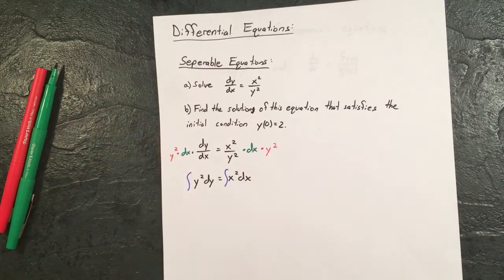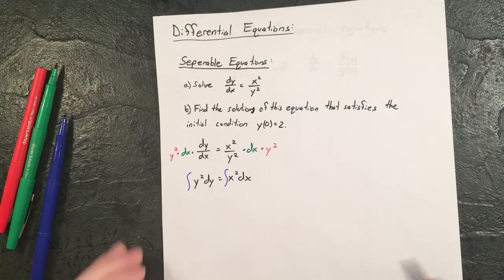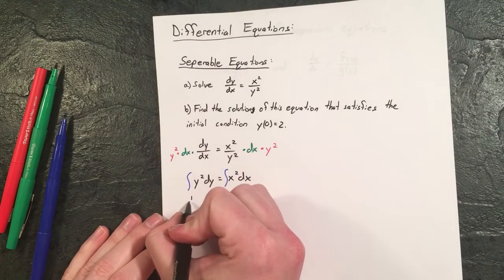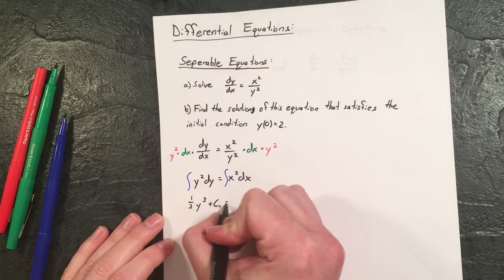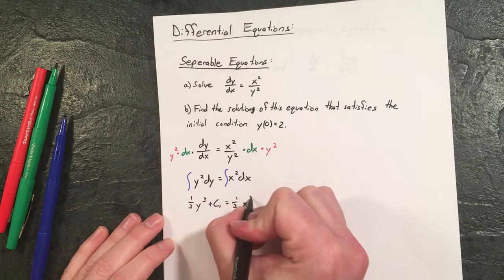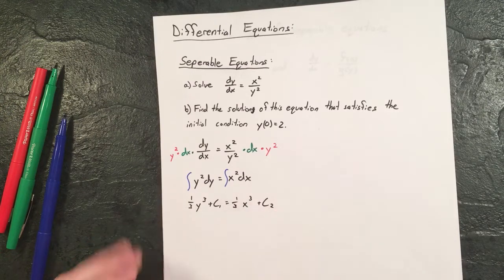So we can integrate on both sides. This integral ends up being pretty easy. But since we're integrating both sides, notice we're ending up with a constant on each side.